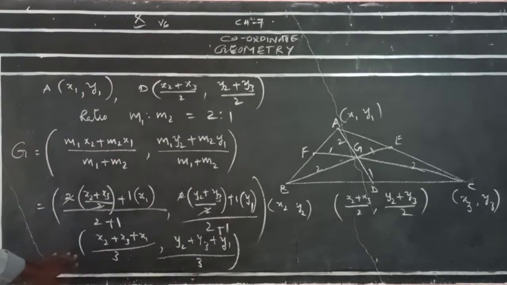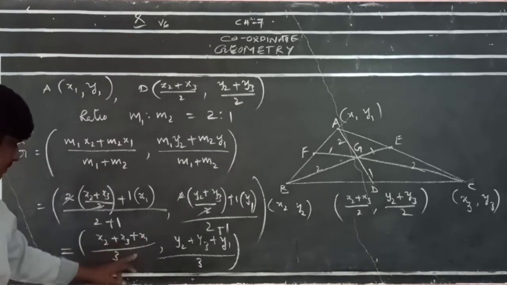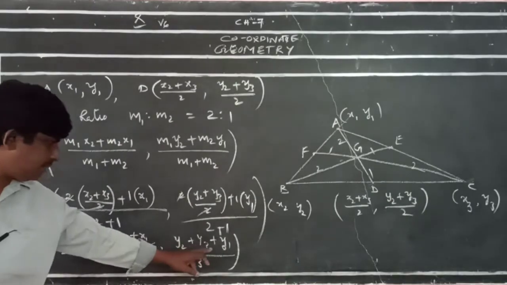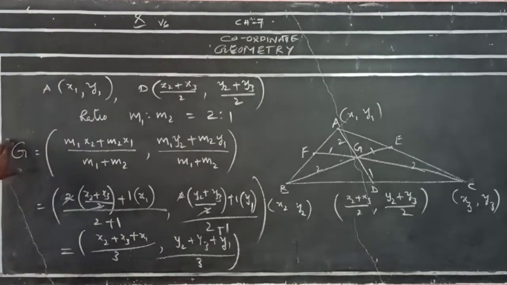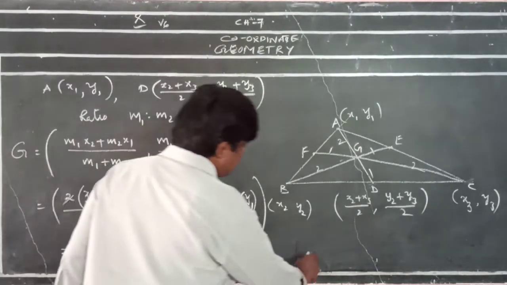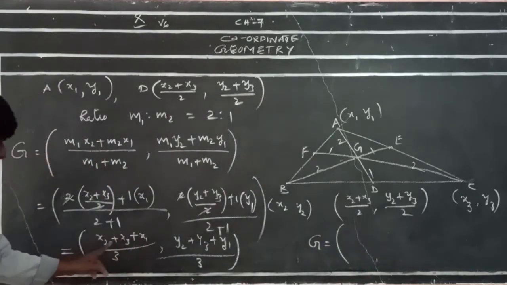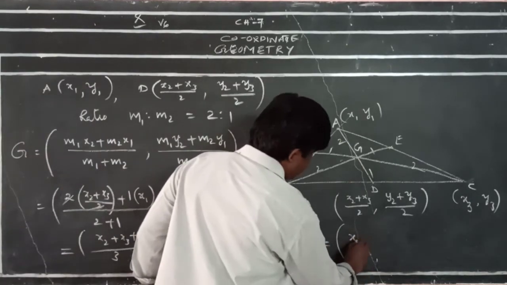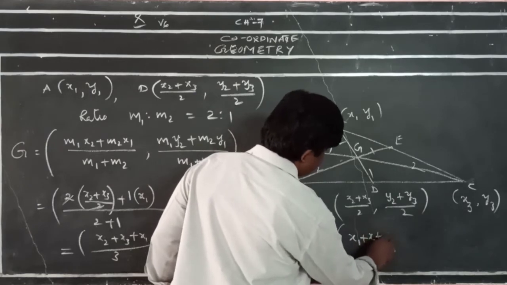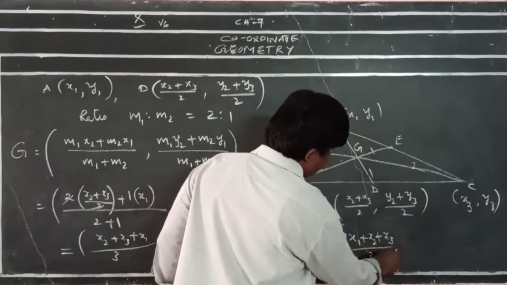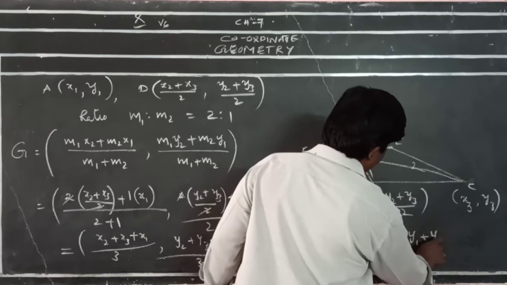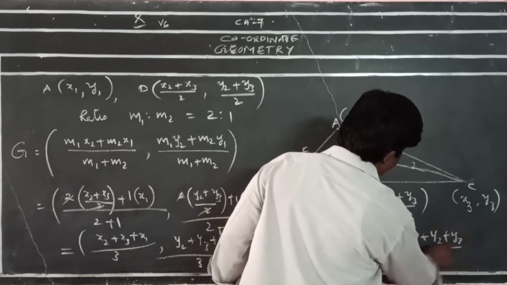So what is this? x2 plus x3 plus x1 by 3 and y2 plus y3 plus y1 by 3 means G. So simply, G you can write as x1 plus x2 plus x3 by 3, y1 plus y2 plus y3 by 3.